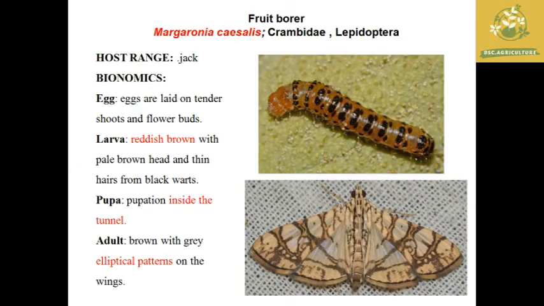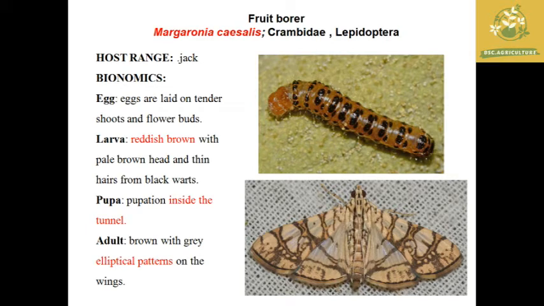The first one we are going to see is the fruit borer of jackfruit, where the scientific name is Margaronia caesalis, which usually comes under the family Crambidae and order Lepidoptera. The host range is only jack. In the bionomics, the eggs are laid on the tender shoots as well as on the flower buds, so it majorly lays only on the soft parts of the plant.